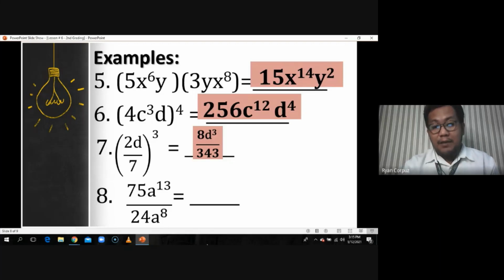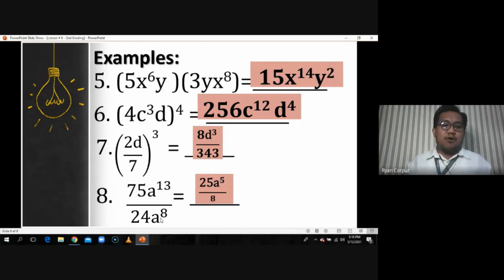So, wala ka na magiging denominator part because we already simplified the variable part of it. So, A raised to 5, magiging numerator part na lang siya. So, i-attach natin siya doon sa 25 over 8 na meron tayo kanina. So, magiging 25 A raised to 5 over 8 na lang. Because we have already simplified A raised to 13 divided by A raised to 8 with the application of the quotient rule. So that's how we answer example number 8.